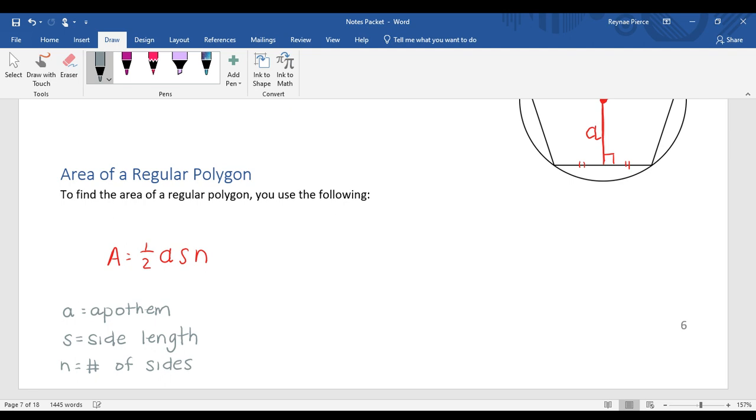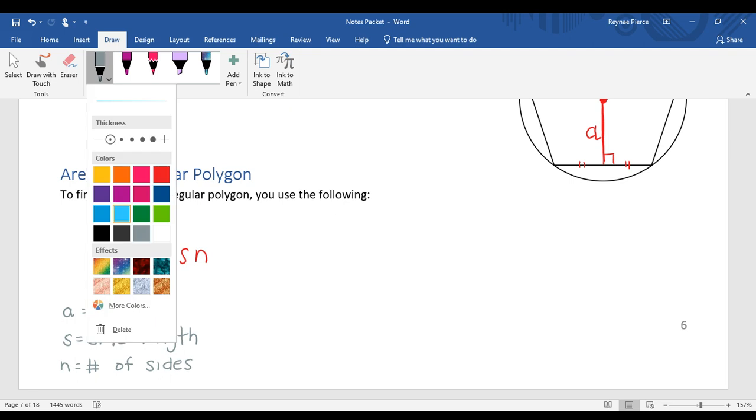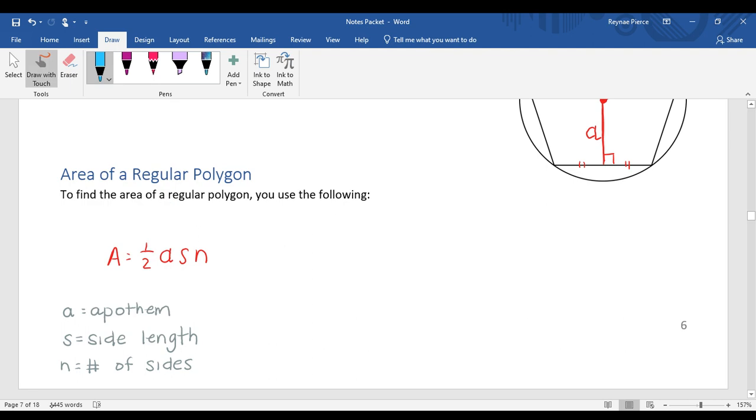Now in a regular polygon, since all of the sides are the same, if we take the side length times the number of sides, that would actually be the perimeter. So we could also find the area of the regular polygon by doing 1/2 times the apothem times the perimeter. Either one of these works.